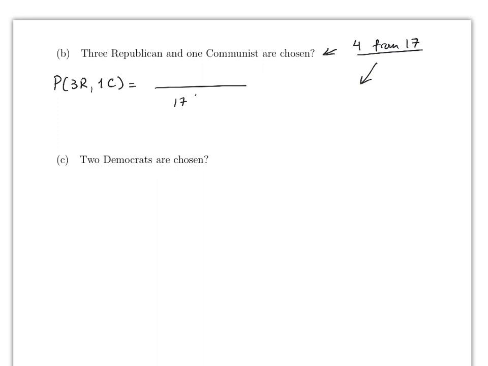It's still going to be 17 choose 4. Why? Because of this. You're still going to have this on the bottom. And on the top, it says you want 3 Republicans. Well, you have 4 Republicans and you want 3. Now, you have 4 communists and you want 1.